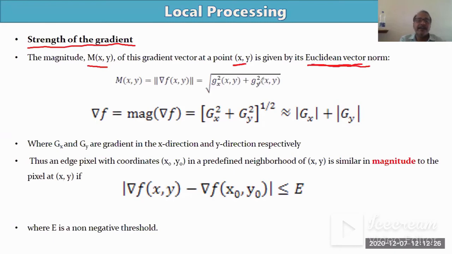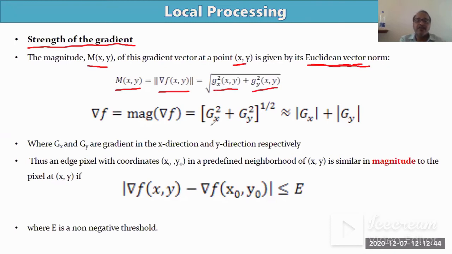So how can we find it? M of x,y is equal to the magnitude of the gradient of f at x,y, that is equal to the square root of gx squared (x,y) plus gy squared (x,y). So these are the distances between two points.